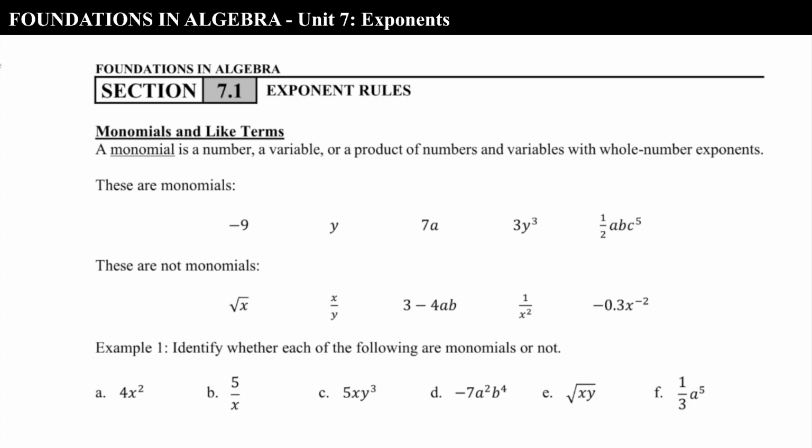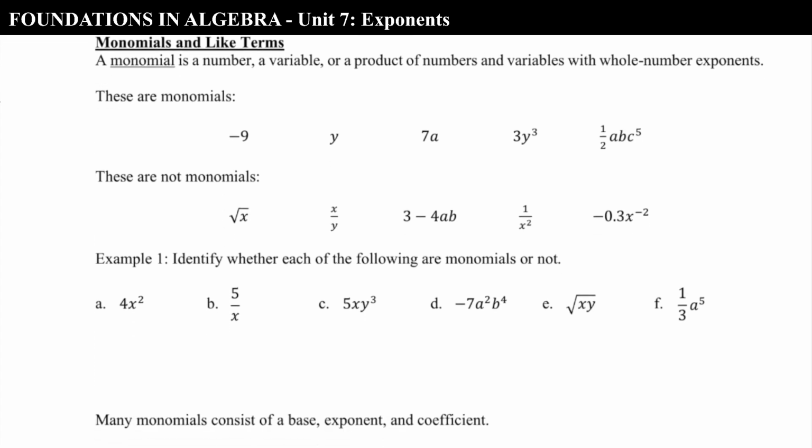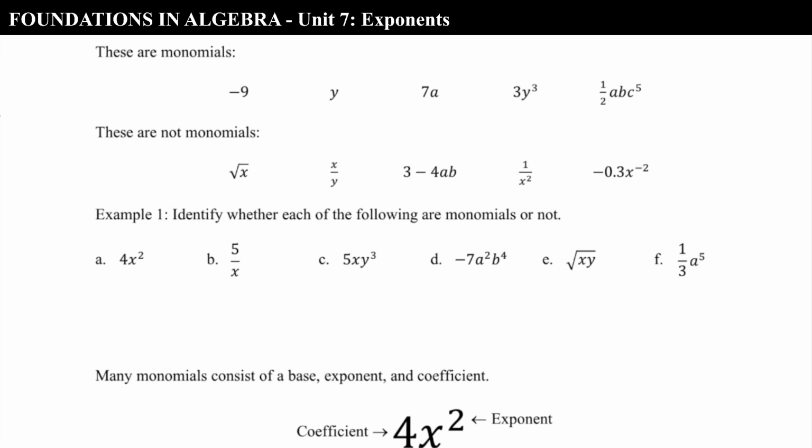Let's move on down and see if we can identify in example 1 whether or not we have a monomial. For A, we certainly do have a monomial because we have a number times a variable. That variable's to a power, but everything's in the numerator, so we're good. For B, we have a variable in the denominator, so that would not be a monomial. For C, again, we have a combination of numbers and variables.